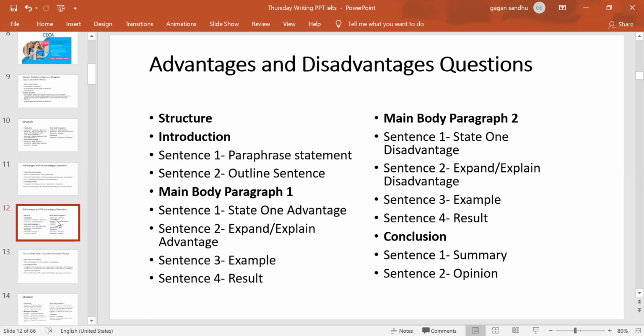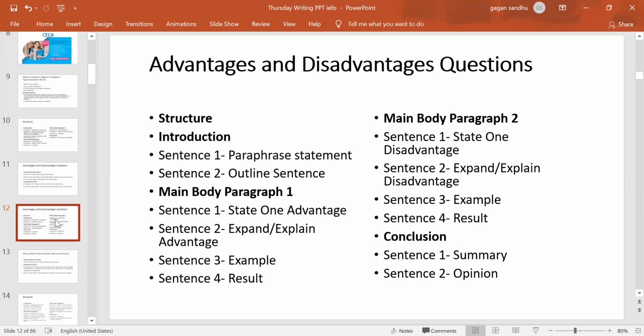And then the main body paragraph. You see the first sentence is stating one advantage: how computers are helping in education. So we have to think of relevant ideas. We need to plan our answer beforehand, and we will definitely get a few advantages and a few drawbacks.